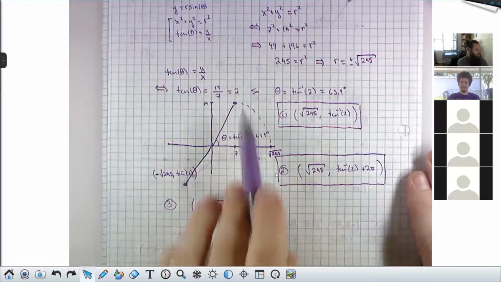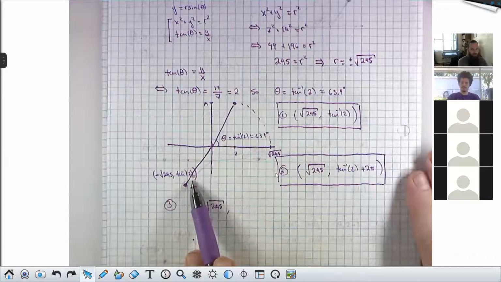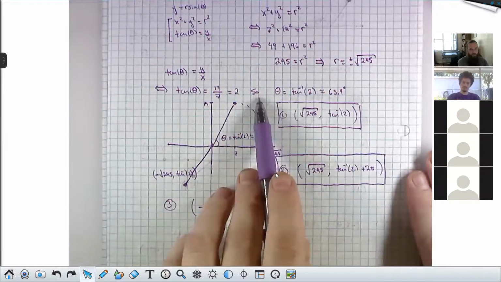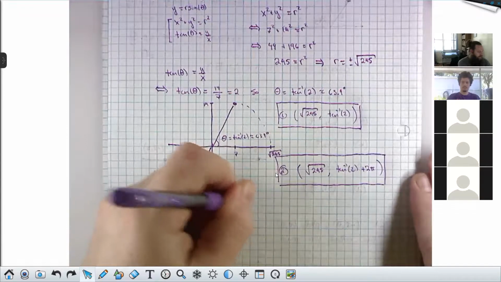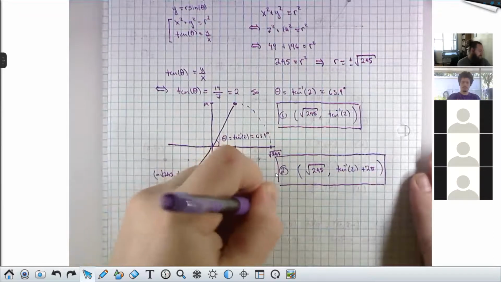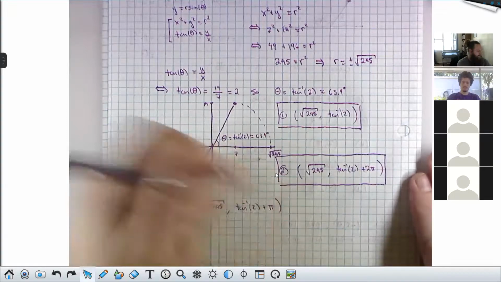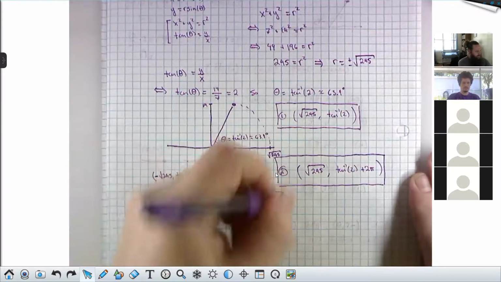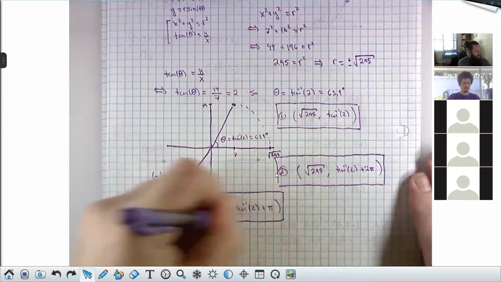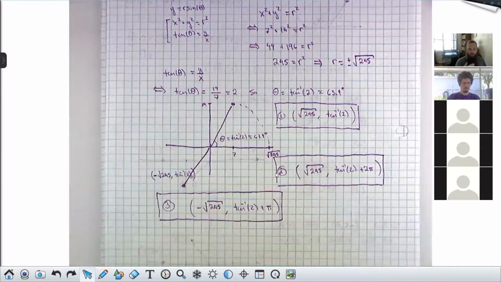It's the point reflected through the origin. So if I want to get back around to here, I would have to add pi, or add 180 degrees, inverse tangent of 2 plus pi. And this would be a third representation of that same point. So these are 3 different polar representations for the Cartesian point 7, 14.